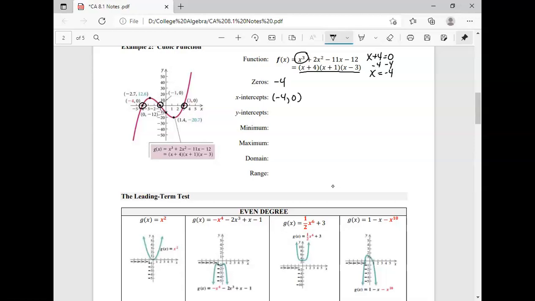That's also one of my zeros. And then I could do x plus 1 equals 0. So x equals -1 is another one of my zeros and my x-intercepts. And then I would need to look at x minus 3 equals 0. So 3 would be another one of my x-intercepts.